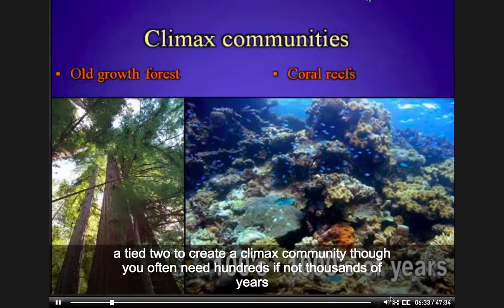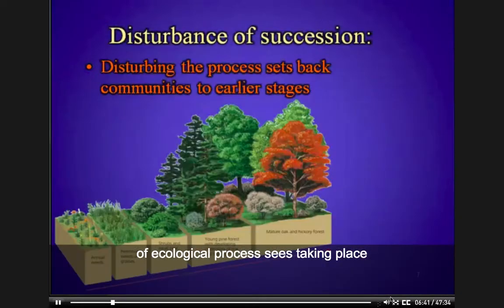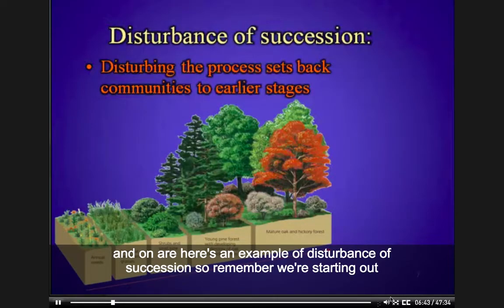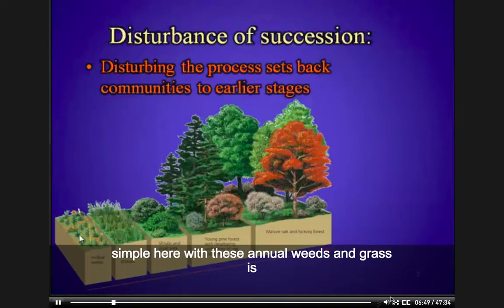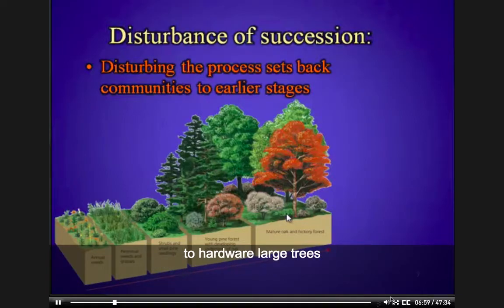To create a climax community, though, you often need hundreds, if not thousands, of years of ecological processes taking place. And here's an example of disturbance of succession. So remember, we're starting out simple here with these annual weeds and grasses, which give way to more complex grasses and shrubs, and then lowland trees, and then eventually to hardwood large trees.